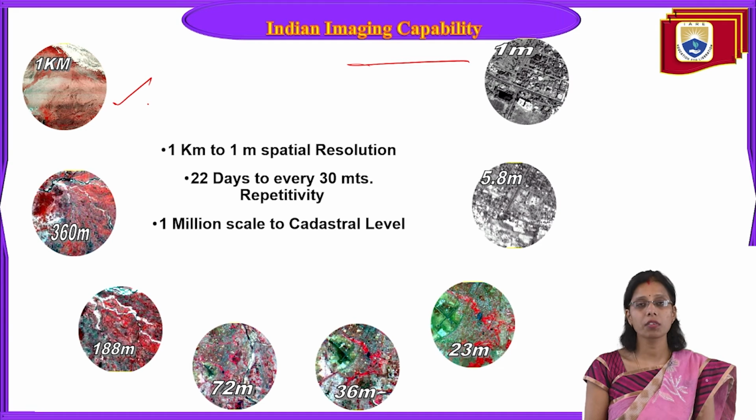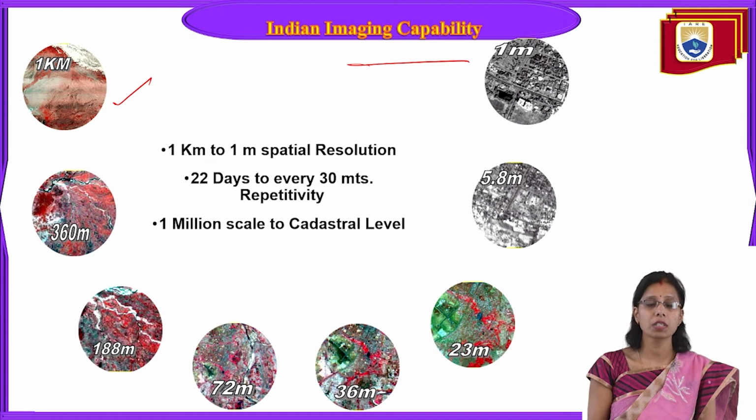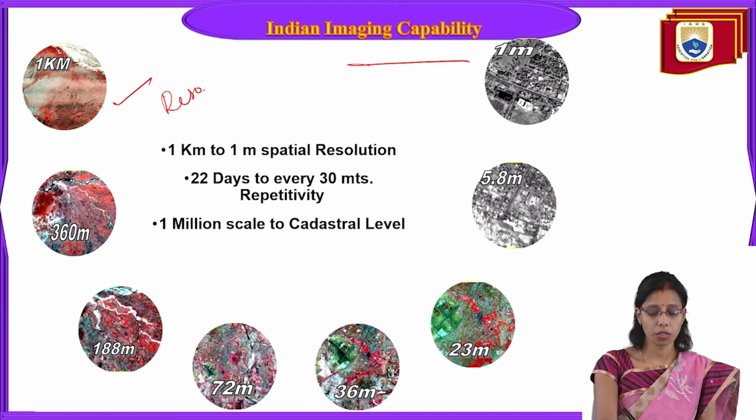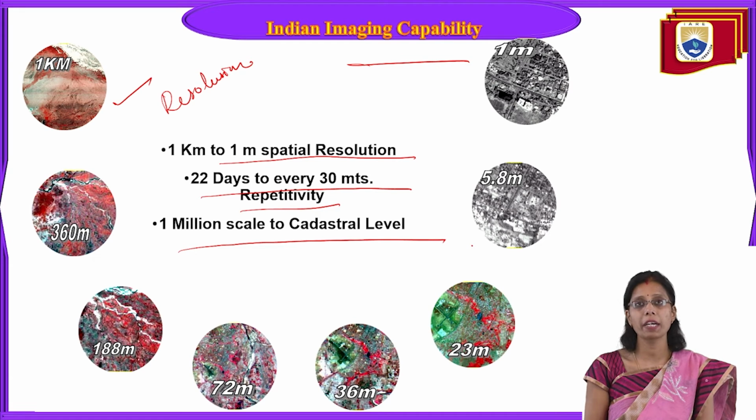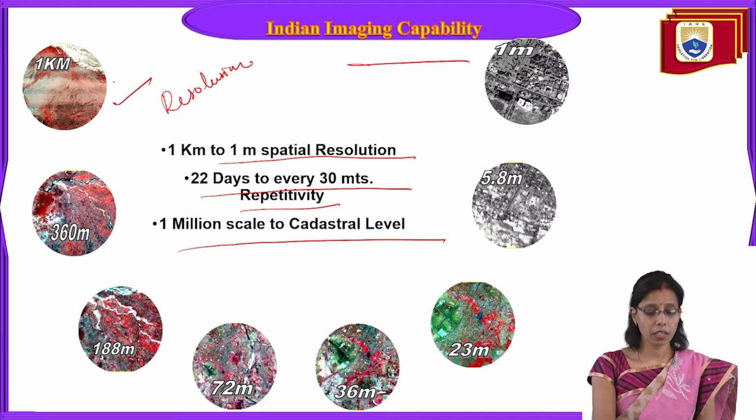It can give you information from 1 kilometer resolution to 1 meter resolution, repetitively from 22 days to every 30 minutes, and from 1 million scale to cadastral level. This is the capability of our Indian remote sensing sensors. It can give you 1 kilometer information, it can give you 360 meters information. This much area is what 1 kilometer covers.